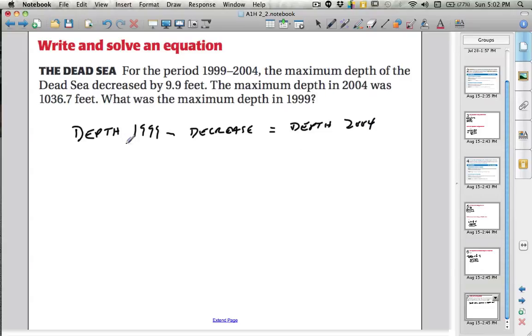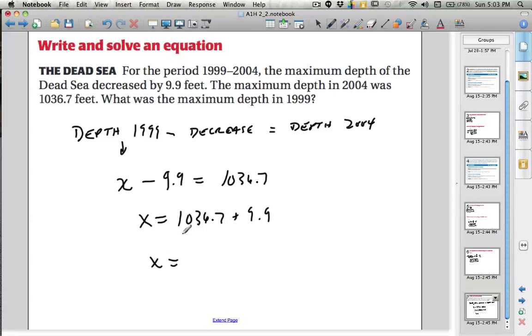So if I call the depth in 1999 x, minus the decrease, which was 9.9, it will equal the depth in 2004, which was 1036.7. If I add 9.9 to either side, I'll end up with x, which is the depth in 1999, is equal to 1037.6.